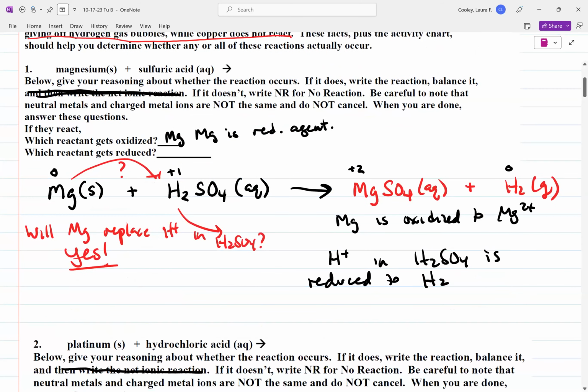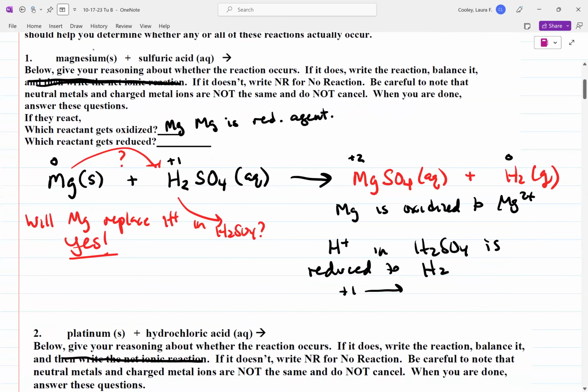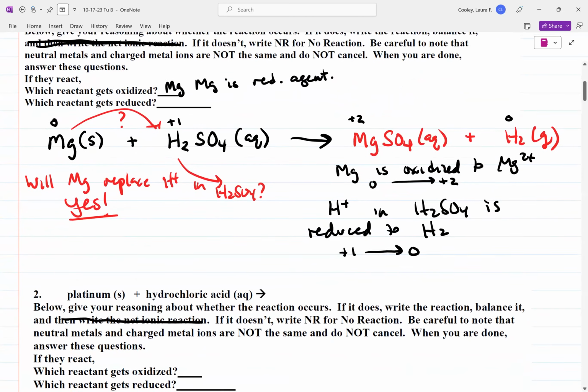The charge goes from +1 to 0. Here, the charge went from 0 to +2. And of course, since there's 2 of them, that's how the charge is balanced. But we're not balancing redox equations this year. That's not one of the things we're going to do. Okay, so I'm going to leave you to do the other 2. I'm going to walk around. And if you have questions, please ask me.